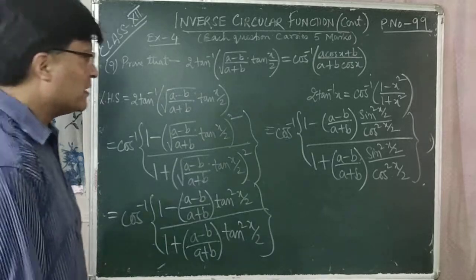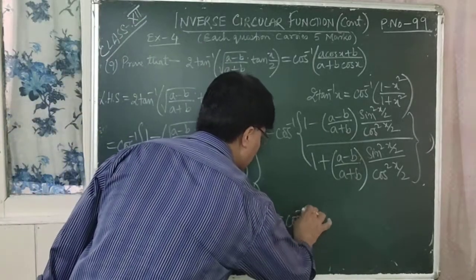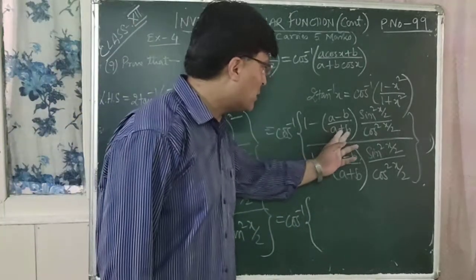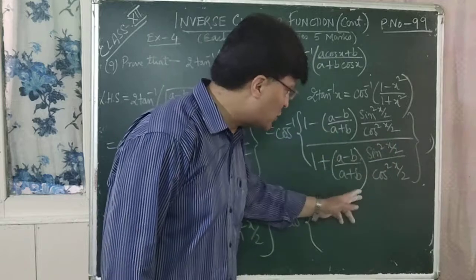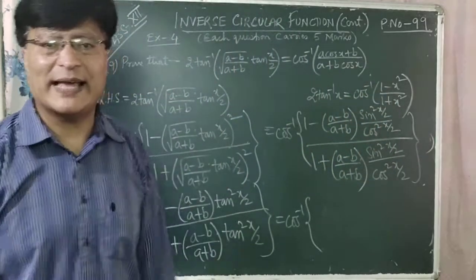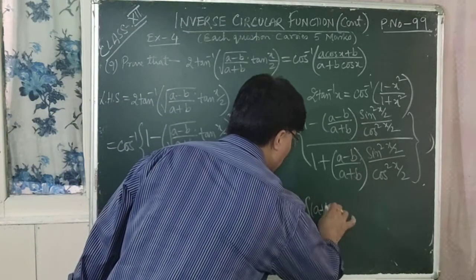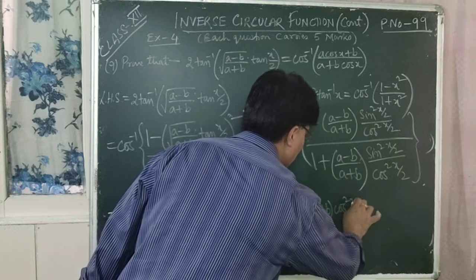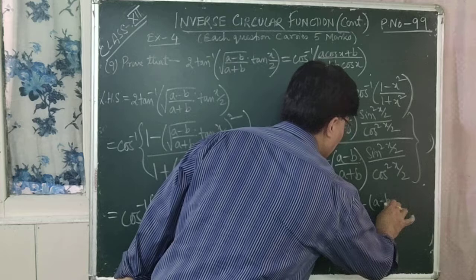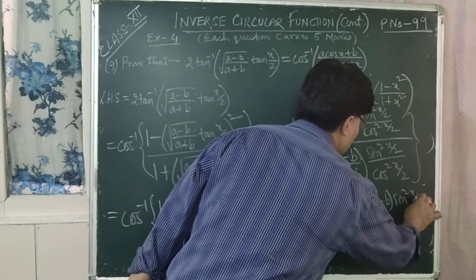Now again you have to simplify the expression within second bracket, right? So is equal to cos inverse within second bracket. What's the LCM in the numerator? It is (a plus b) into cos square x by 2. In the denominator also, what's the LCM? (a plus b) into cos square x by 2. That LCM will be cancelled, isn't it? So directly what can we write? (a plus b) cos square x by 2, next, minus (a minus b) into sin square x by 2.